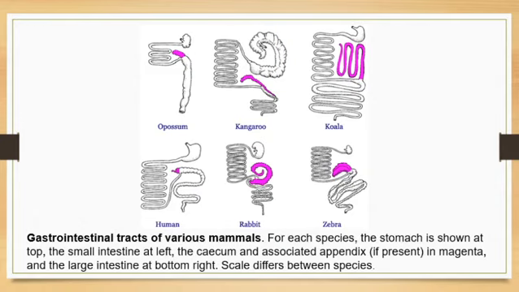So some gastrointestinal tracts of various animals, we have the opossum. This is more focusing on the ileum. Apart from that, the appendix, you see the ileum, that is more part of the large intestine. Why is it in humans quite very small?